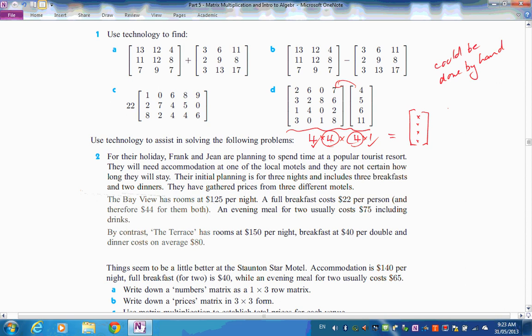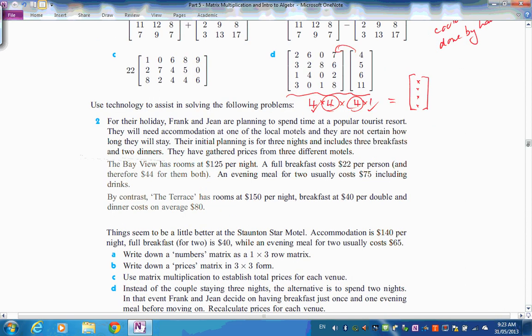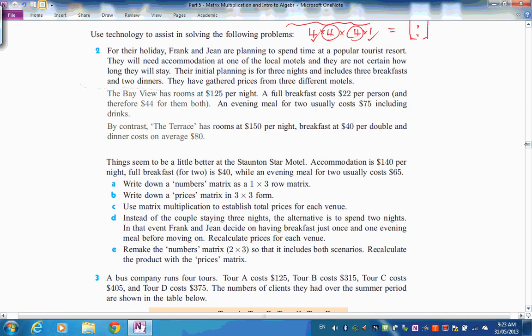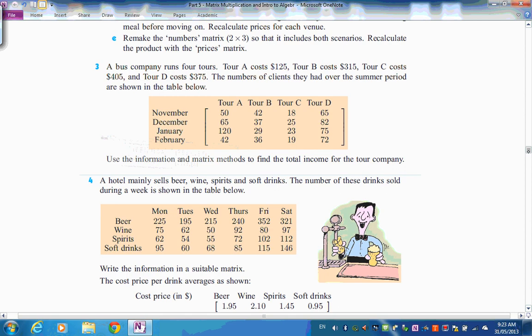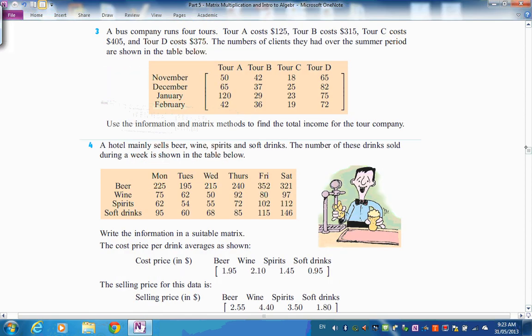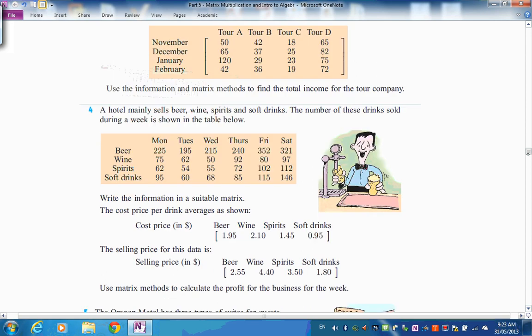So have a go at question 1. The answers will take you down there in a minute. And then question 2, and pause it as you like, and then question 3 and 4. I think we can fit 3 on, and we'll go to 4.